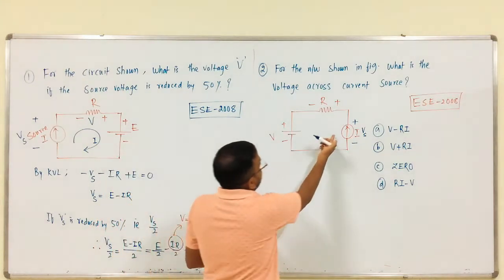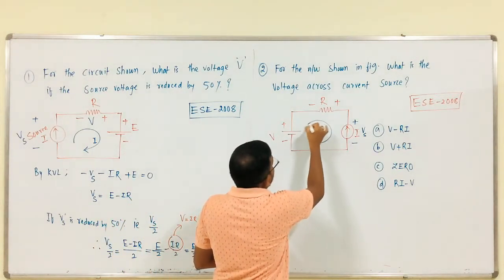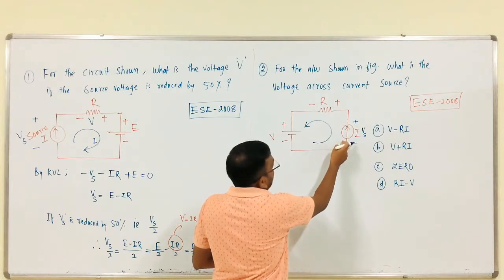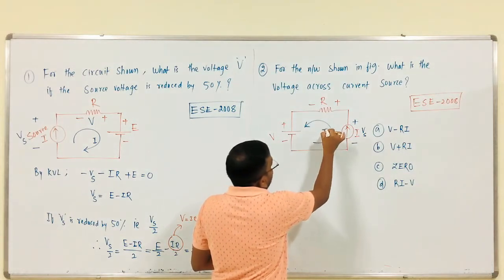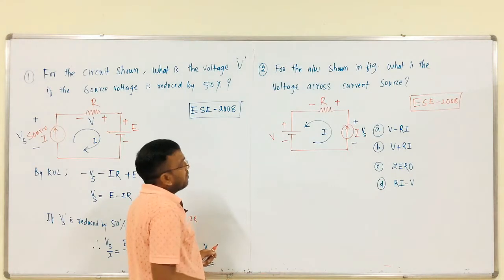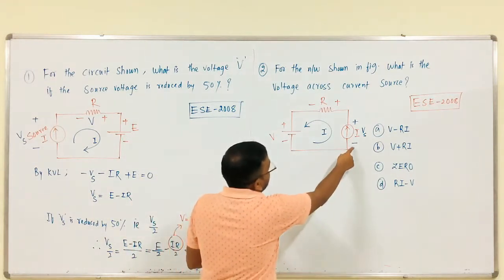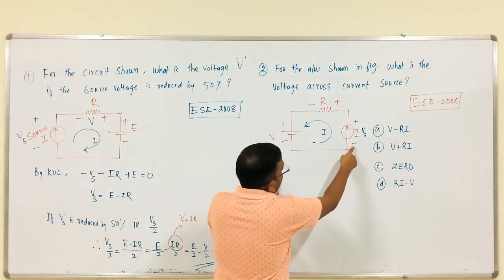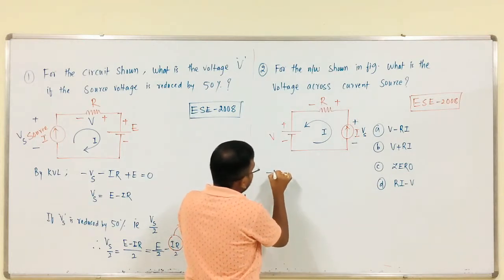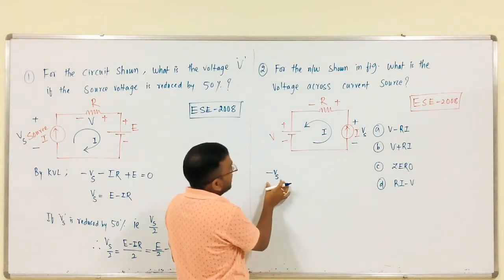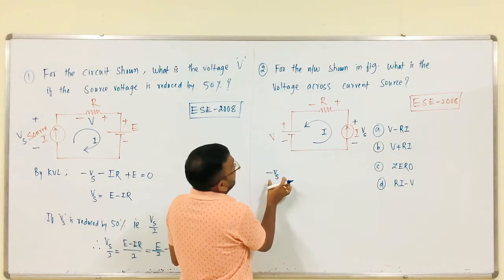See the current direction, it is from down to up, that is anti-clockwise direction, this is I. Simple, apply KVL, that is it. From this, negative to positive, so minus Vs, we have to calculate Vs, that is the voltage across the current source.